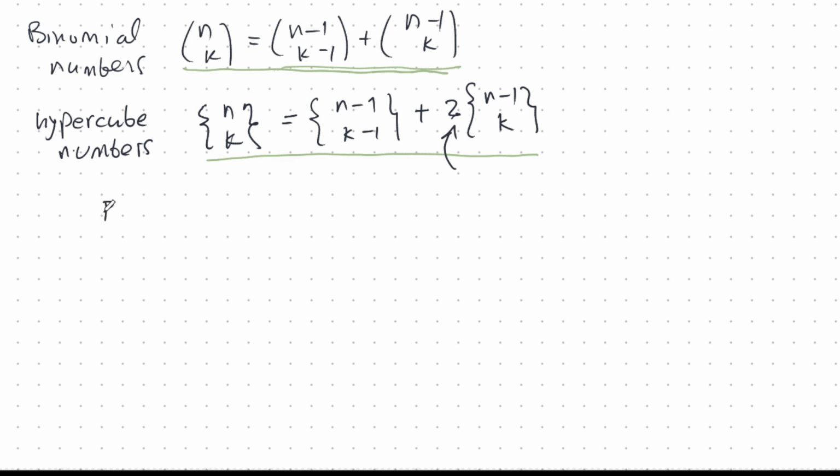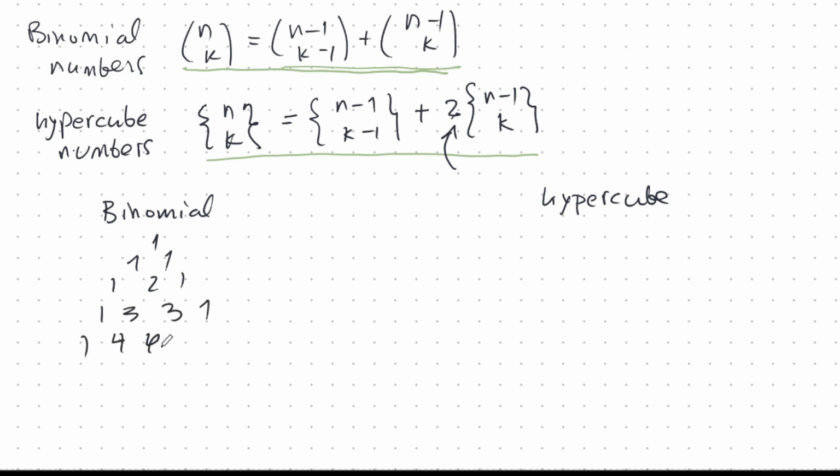So let's make the binomial Pascal triangle, and we'll compare it to the hypercube triangle. That's 1; 1, 1; 1, 2, 1; 1, 3, 3, 1; 1, 4, 6, 4, 1.